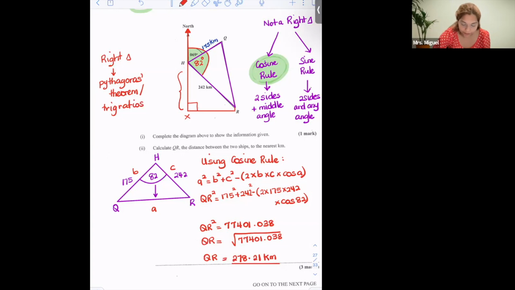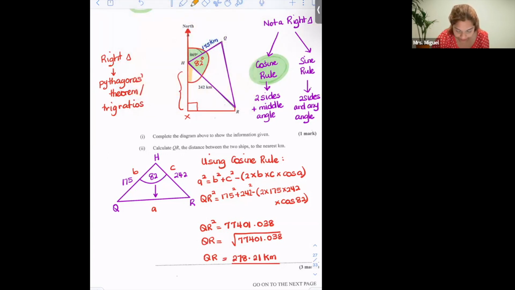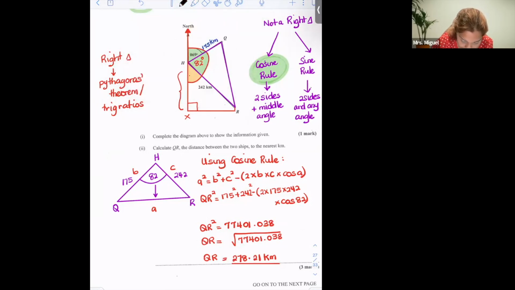Now, this is a straight line, so the sum of the angles on a straight line is 180. Find this angle for me in orange. 29 degrees. Somebody could confirm that it is indeed 29.